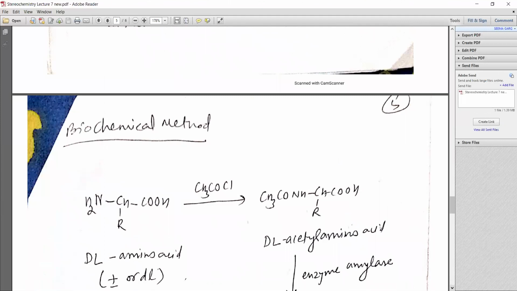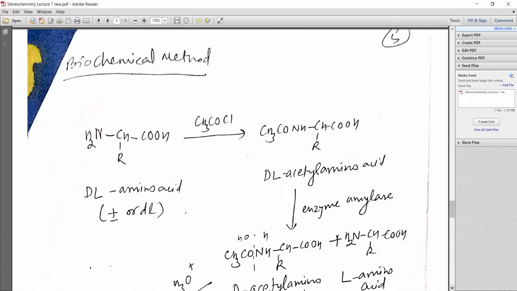Biochemical method. In this biochemical method, we are using biological and chemical techniques. Here, the plus-minus, dextro-levorotatory racemic mixture of an amino acid is reacted with acetyl chloride. We will get dextro-levo acetyl amino acid.